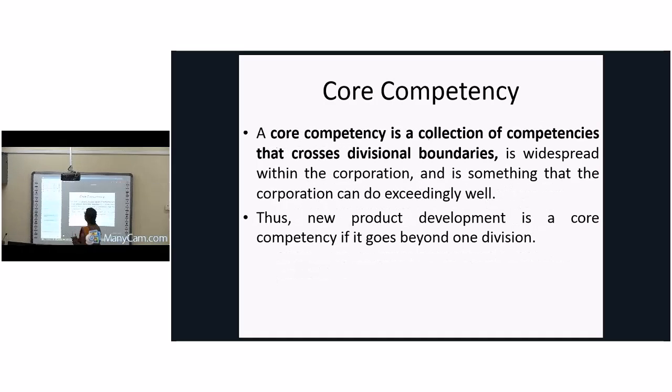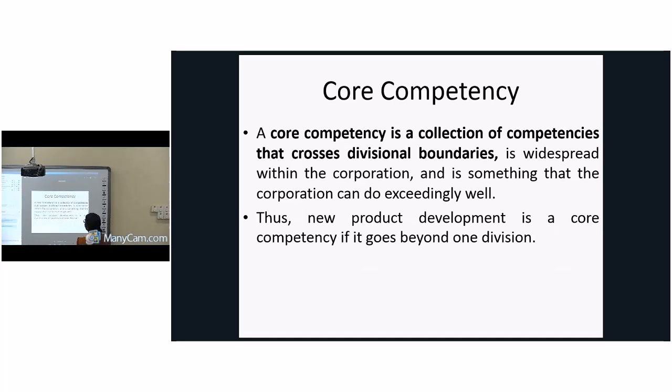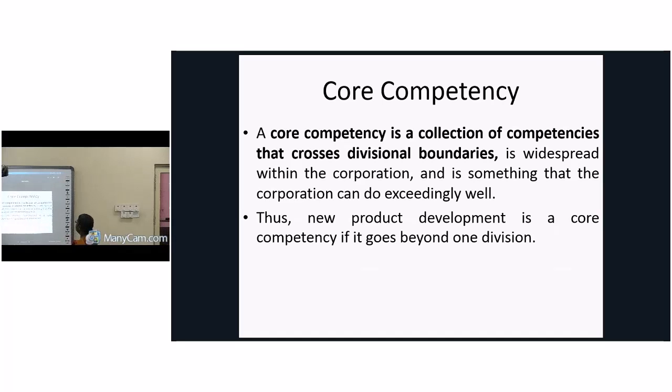So, core competency is a collection of competencies that crosses divisional boundaries. So, core competencies are linkages. Competencies are linkages.